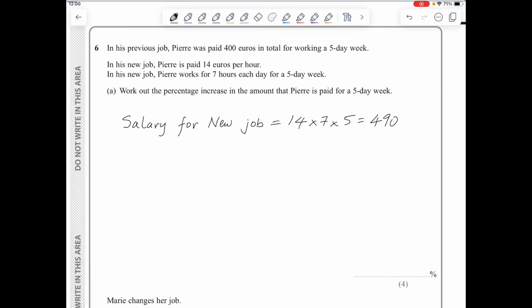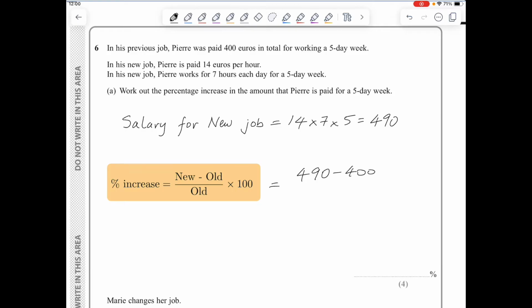To find the percentage increase, I'll use the following formula. Plugging in the values will give me 490 minus 400 over 400 times 100. And if you put this on the calculator, it will come out to be 22.5% increase.